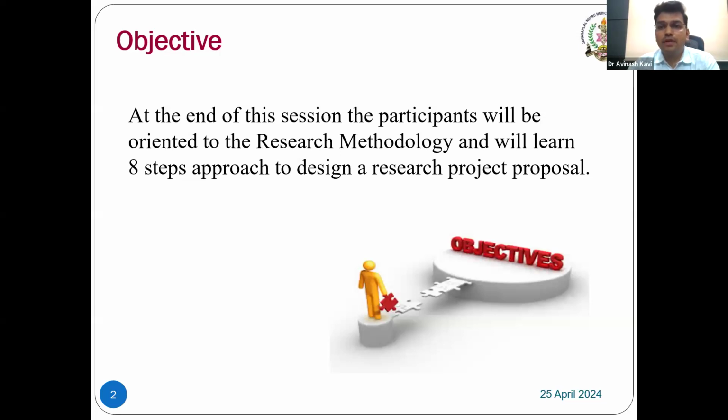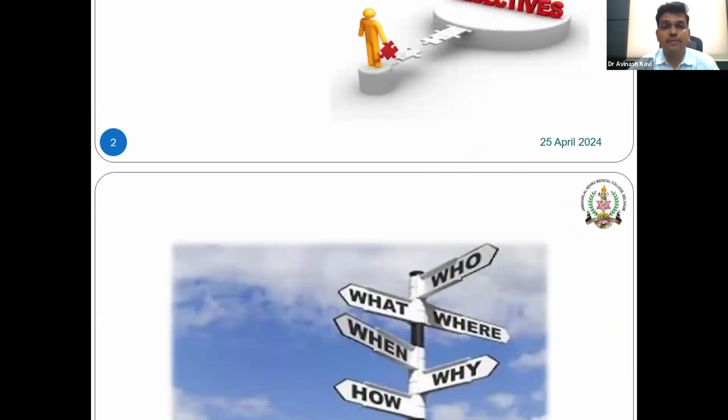Most of us have already thought of and written many research proposals. And probably we might have already carried out different steps in writing, because every university or every grant mechanism has its own protocol of how to design and write a research proposal. But what is followed internationally is this 8 steps approach, which is very commonly practiced.